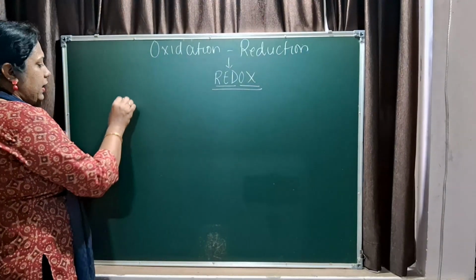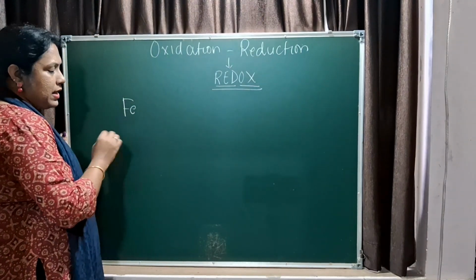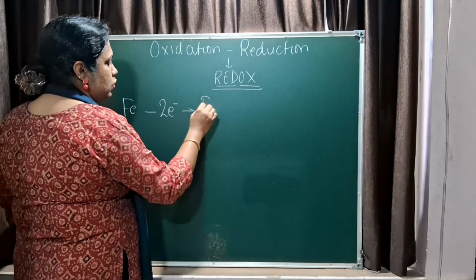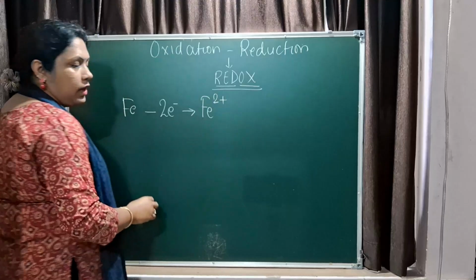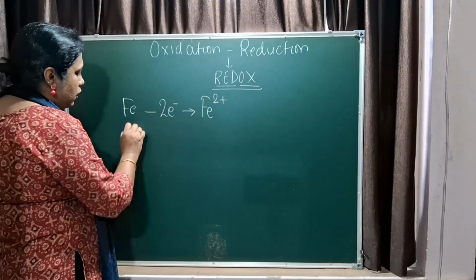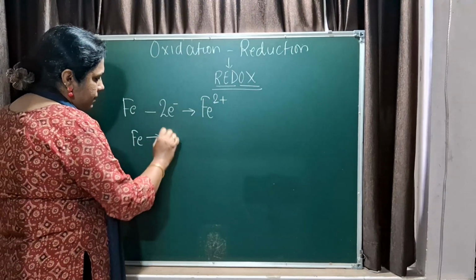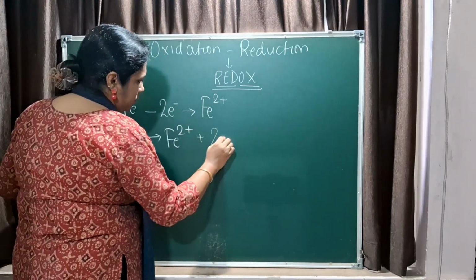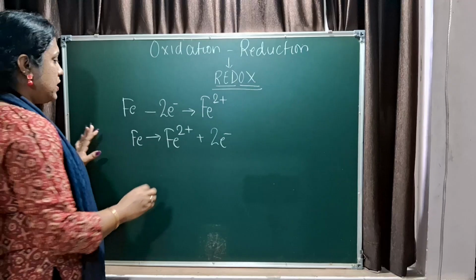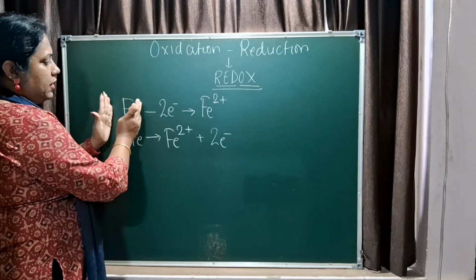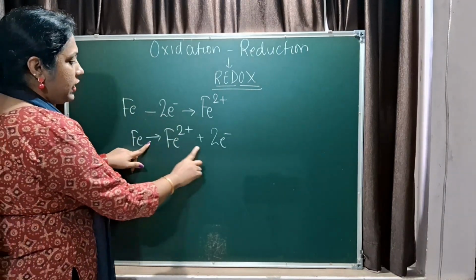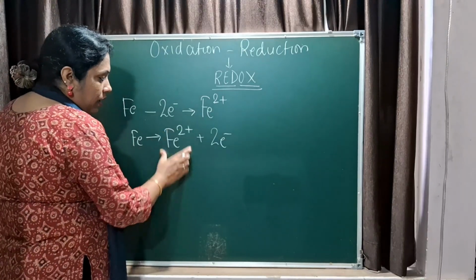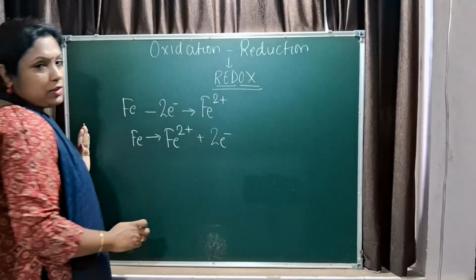Now, in the previous example, Fe was losing 2 electrons to form Fe2+, correct? I can write this in this form or I can write even in this form. In both the forms you can see Fe is losing electrons, and if you write it on the product side, Fe is forming Fe2+ and 2 electrons, right?